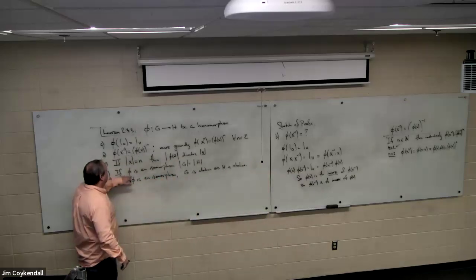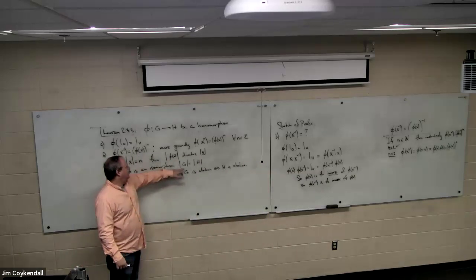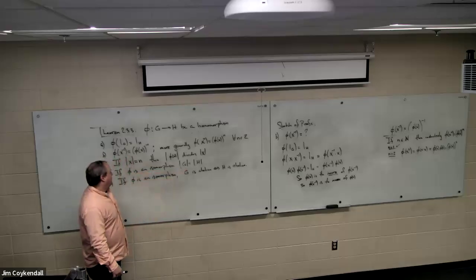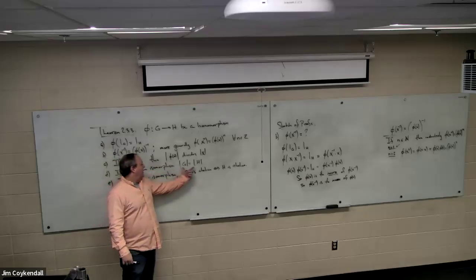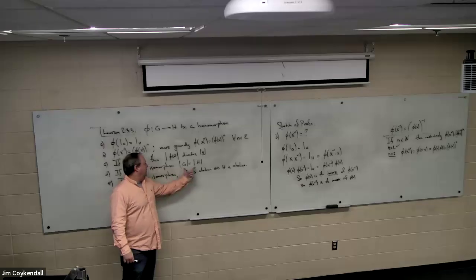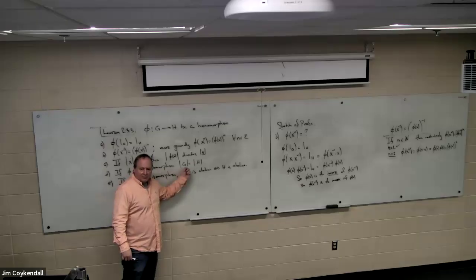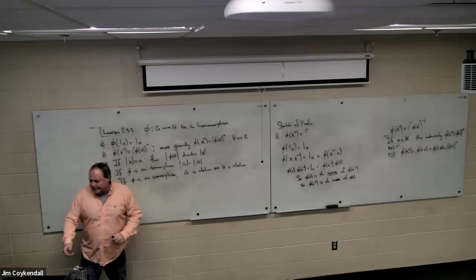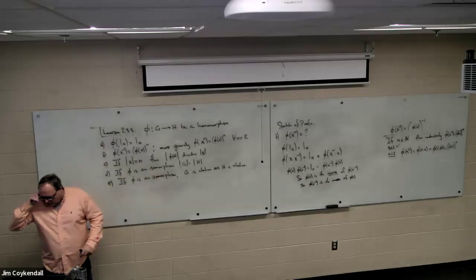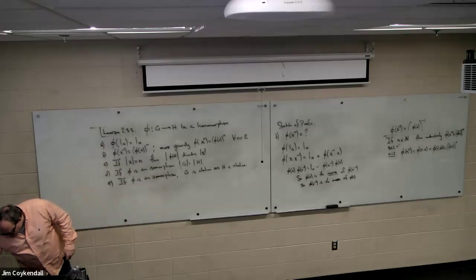Note this one right here: if phi is an isomorphism, then the order of G is equal to the order of H. That's fairly straightforward because if phi is an isomorphism, it just means it's bijective, and it doesn't matter that it's a homomorphism, it's a bijective function from G to H. And so by definition, they're of the same cardinality. Okay, any questions on that? Questions?